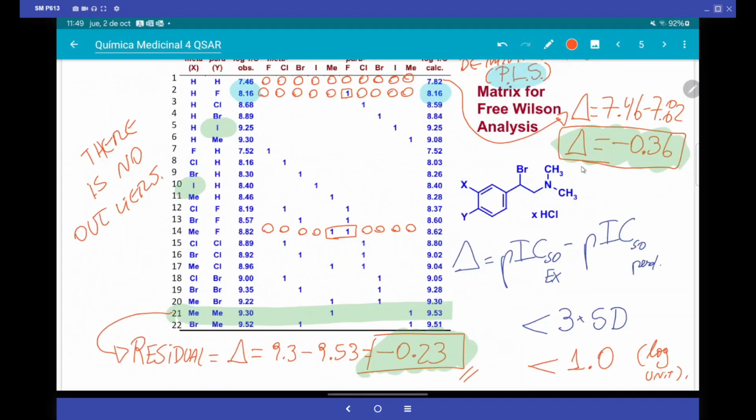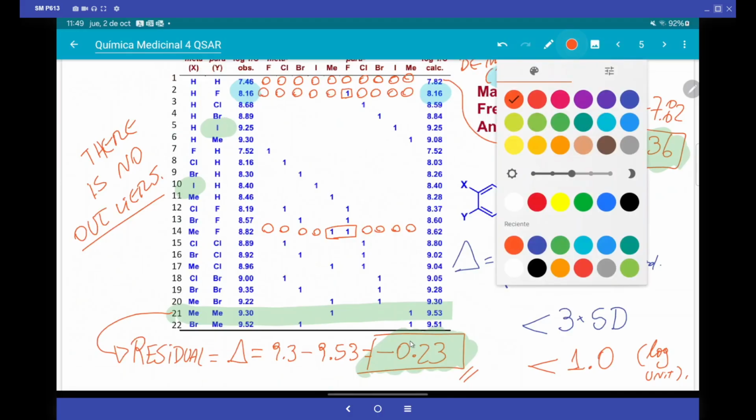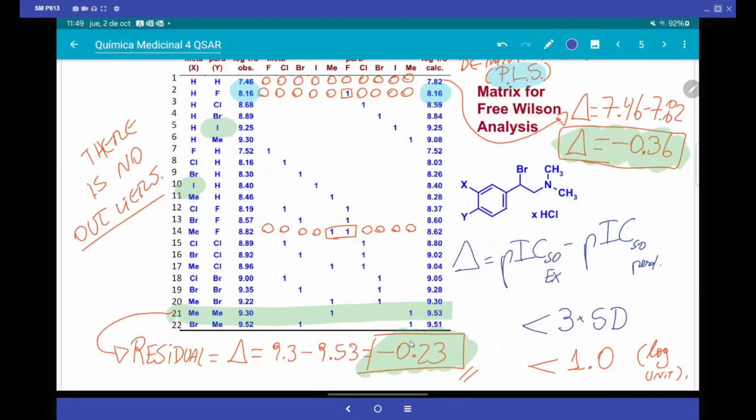That is something you always have to calculate: see which are the outlier compounds, the compounds that are outside of the predictability of the model. That is an outlier compound. There are other methods to detect outliers. We will see them when we see the practical part.